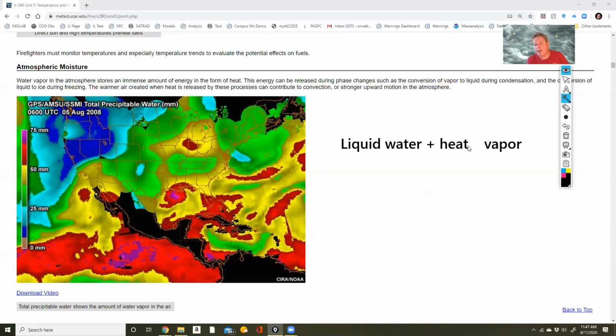That is, taking liquid water and making it turn to vapor requires heat. That kind of heat for evaporation is called latent heat. Latent is a word that means hidden. So you'll understand why it's hidden in a second.